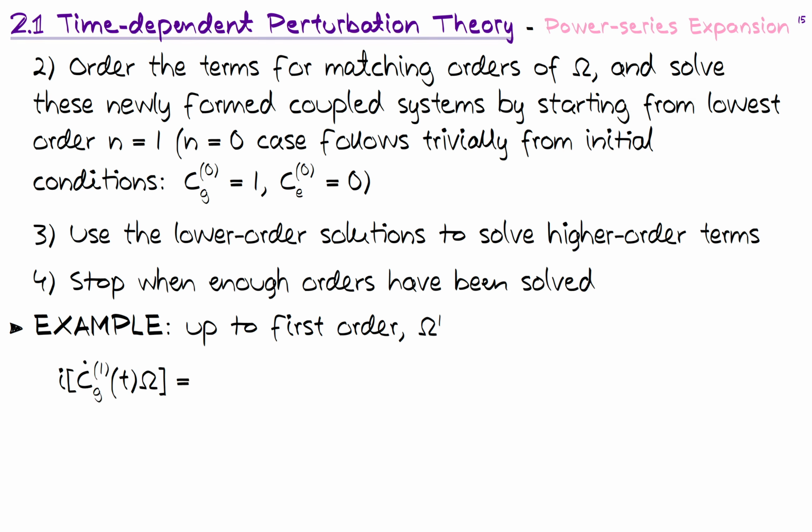And explicitly, of course, we still have those coupled differential equations. So we can now plug in these different terms in the CG and CE terms. And this is basically what we get out from that. So we put in the first order term here, and then we have the omega multiplied once here, and then we place in here also our first lowest terms in terms of CE, and this is what we get out.